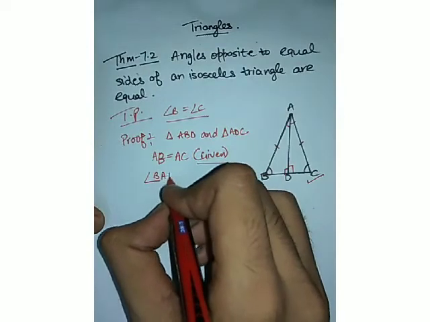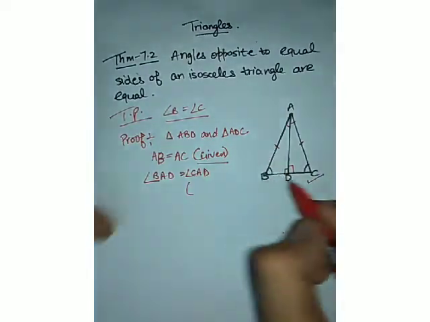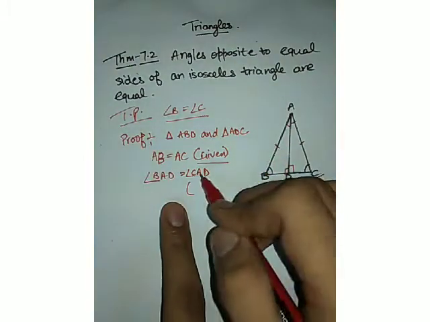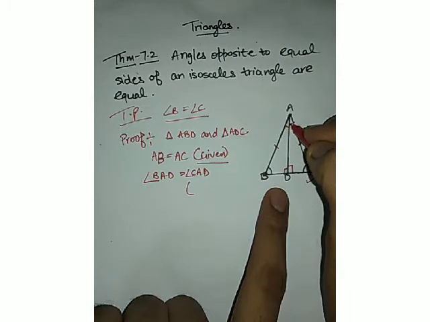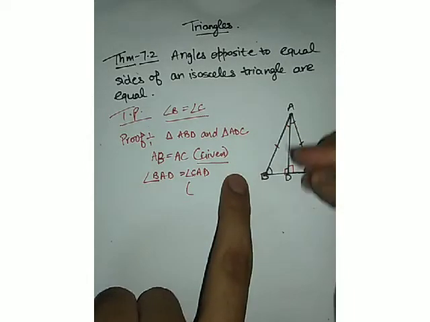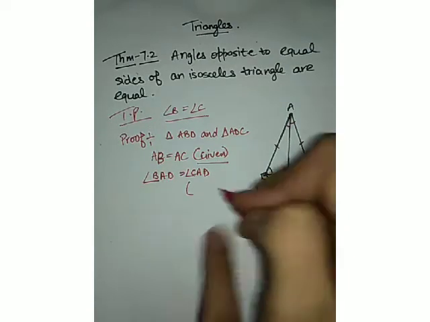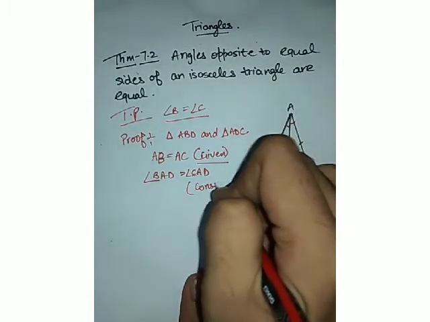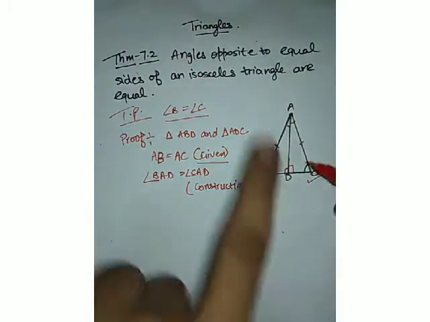Why this? BAD is equal to CAD, because we have constructed it. And how we can write this? Because this is a perpendicular bisector of angle A. Now perpendicular bisector means the BAD angle will be equal to DAC. So that's why we have constructed a bisector, and that's why these both angles are equal.